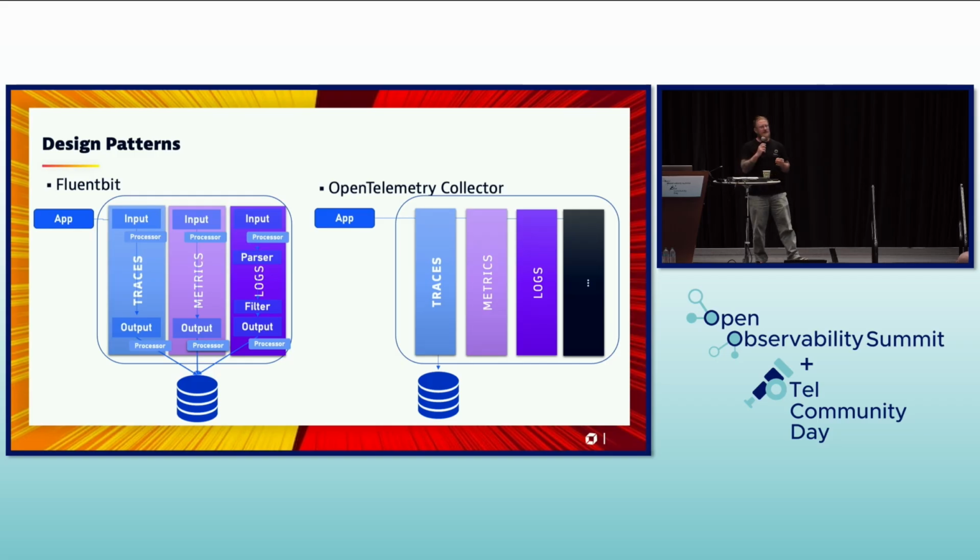In terms of the pipeline itself, the logic that I presented before is exactly going to be the same for each signal: logs, traces, metrics, and profiling. No differences. Of course, the plugins that you pick will have specific support for specific signals, but the logic is the same. When it comes to Fluent Bit, it's clearly different.